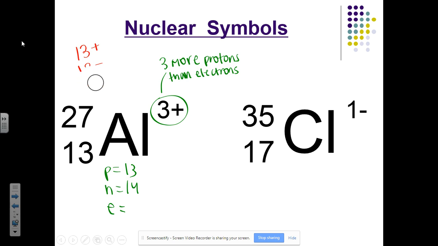So that means we have 3 more of these than these. Okay, so if I have 3 more protons than electrons, I would get an answer of 10. Okay, so see, I have 13 protons, 10 electrons. That would be 3 more protons than electrons. Okay, so if it's positive, you're going to subtract that number to get the number of electrons.